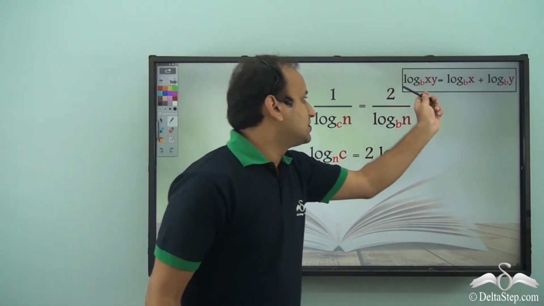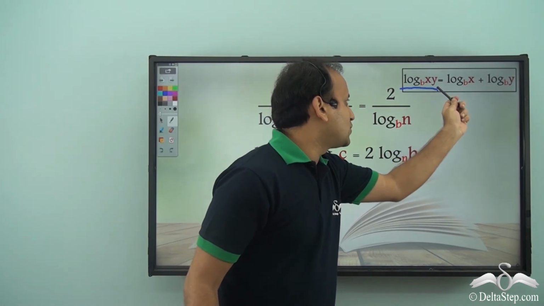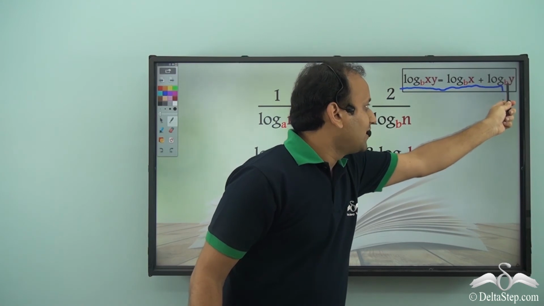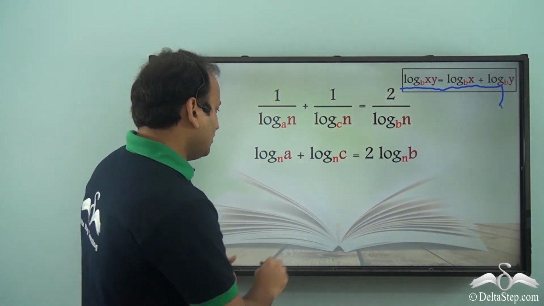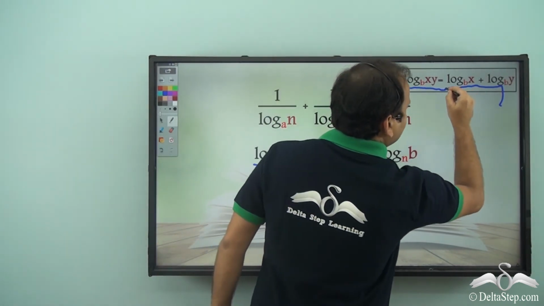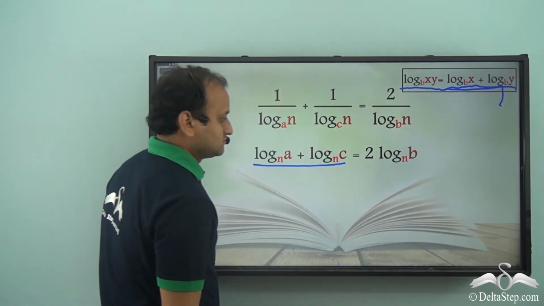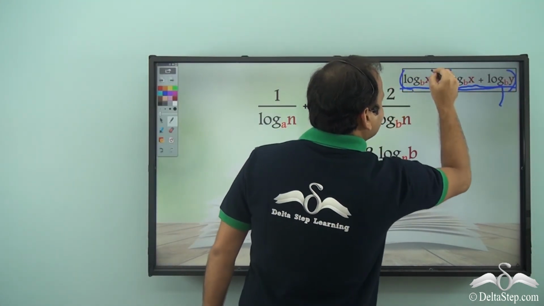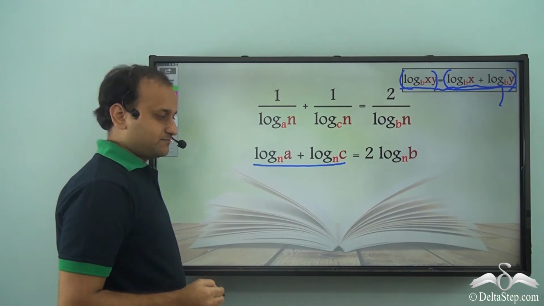The product law looks something like this, where we have log xy to the base b is equal to log x to the base b plus log y to the base b. Now, this part of the equation looks very similar to this part of the equation. And if this is so, then we can write this part as this part.